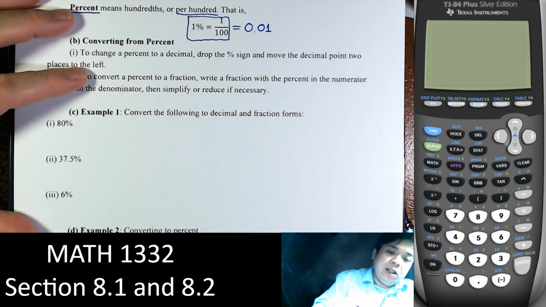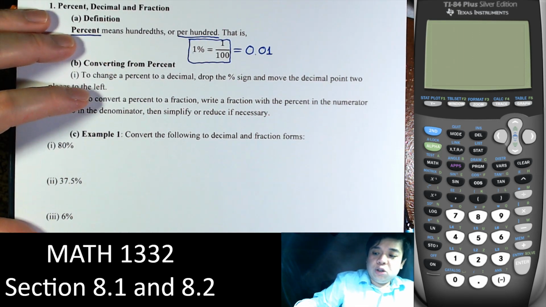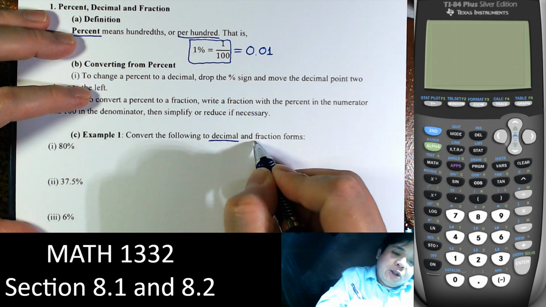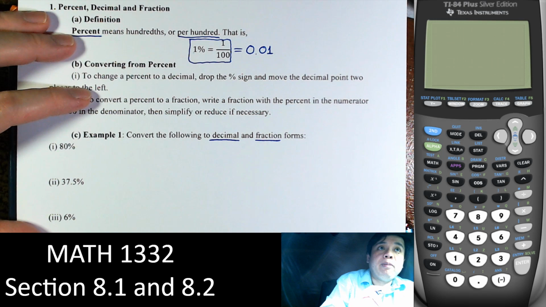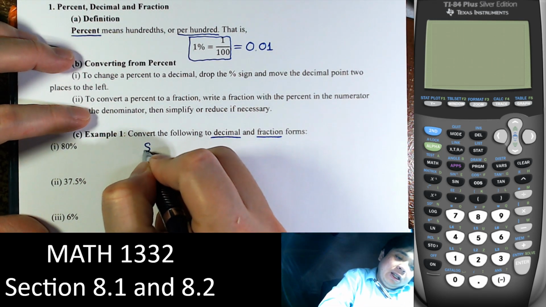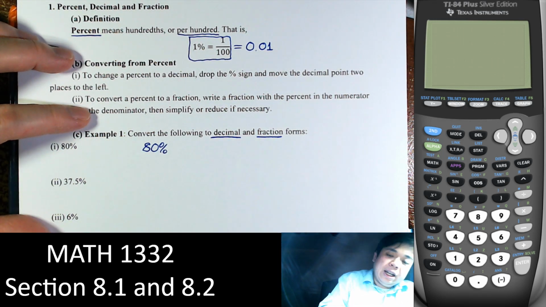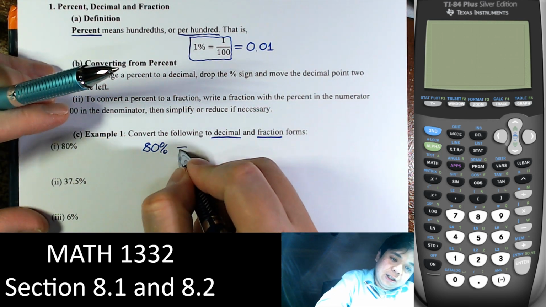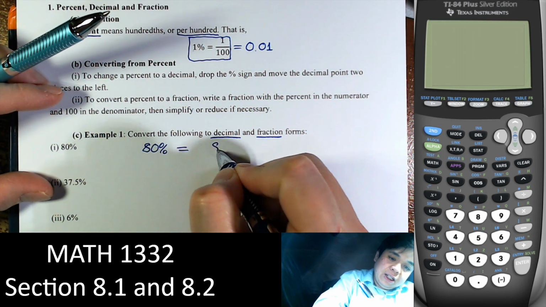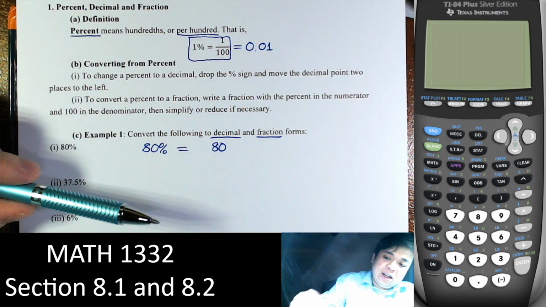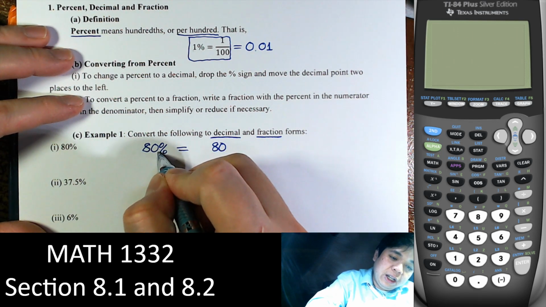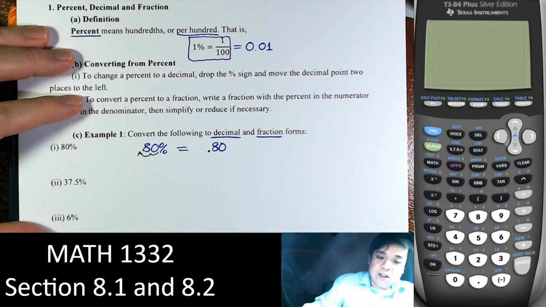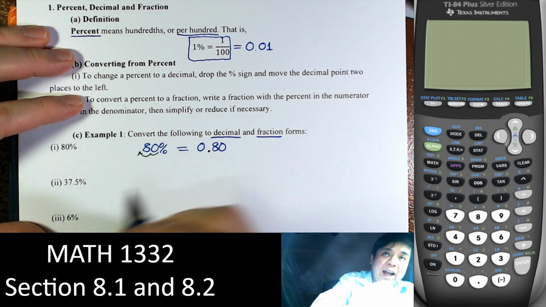So 80%, we do both. First convert to decimal and then to fraction. If we have 80%, the rule says we can drop the percent, so we just have 80, and then move the decimal place 2 places to the left. So that is 0.80 or 0.8.